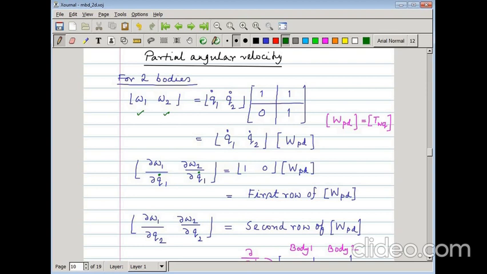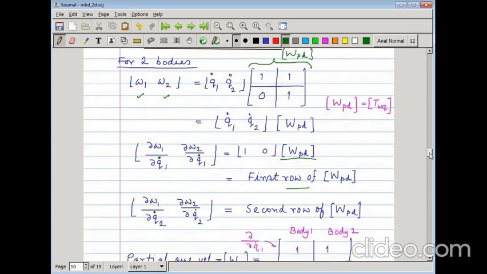So q1 dot means 1, 0, so this is the first row of WPD. So if you call this WPD, then just see that if you take the derivative with respect to q1 dot, then it is 1, 0 WPD, that means the first row of WPD. And if you take derivative of these 2 terms with respect to q2 dot, then you get 0, 1 WPD, that is the second row of WPD.